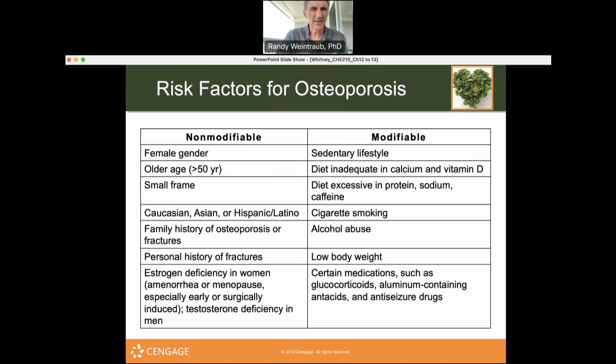There are other risk factors involved in osteoporosis shown here. Sedentary lifestyle, smoking, alcohol use, overuse.